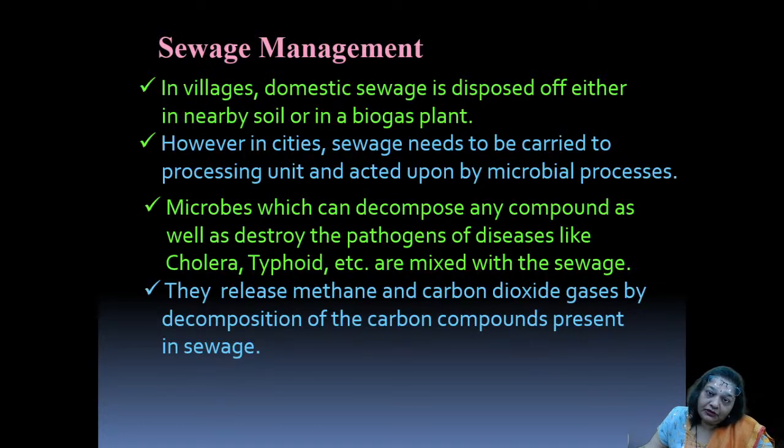And of course, methane gas is being produced that can be utilized as a gobar gas or as a biogas for domestic purposes. However, in cities, sewage needs to be carried to a processing unit and acted upon by microbial processes.